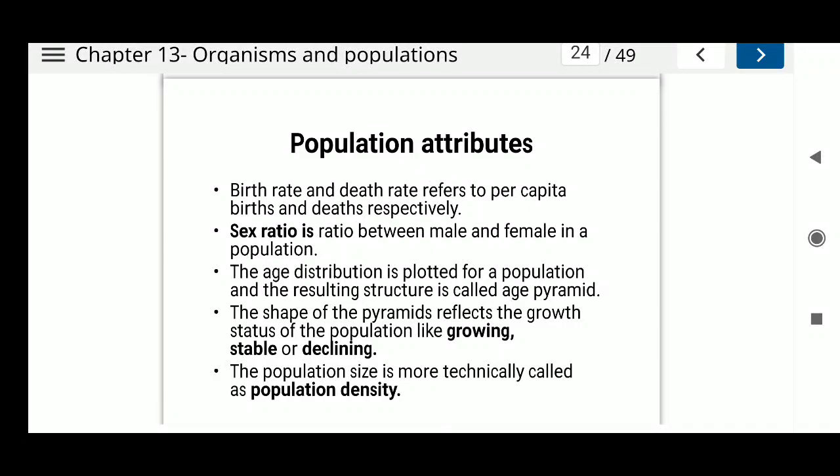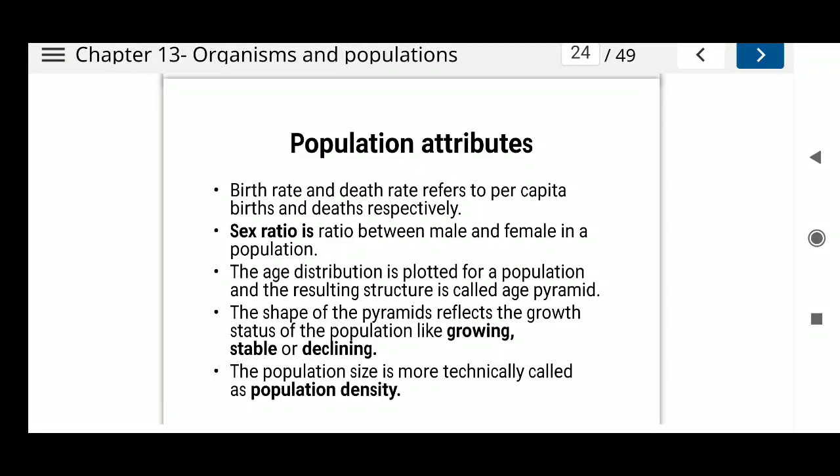Now if you say death rate, it is the rate of loss of individuals per unit time, due to death or due to the different environmental changes, competition, predation, etc. So this is your death rate. How many deaths have taken place in per unit time? This is known as death rate.